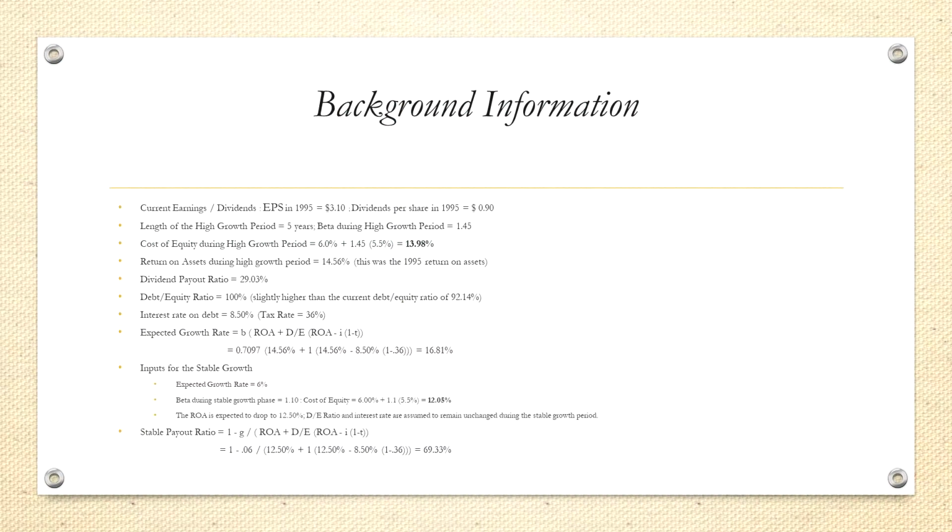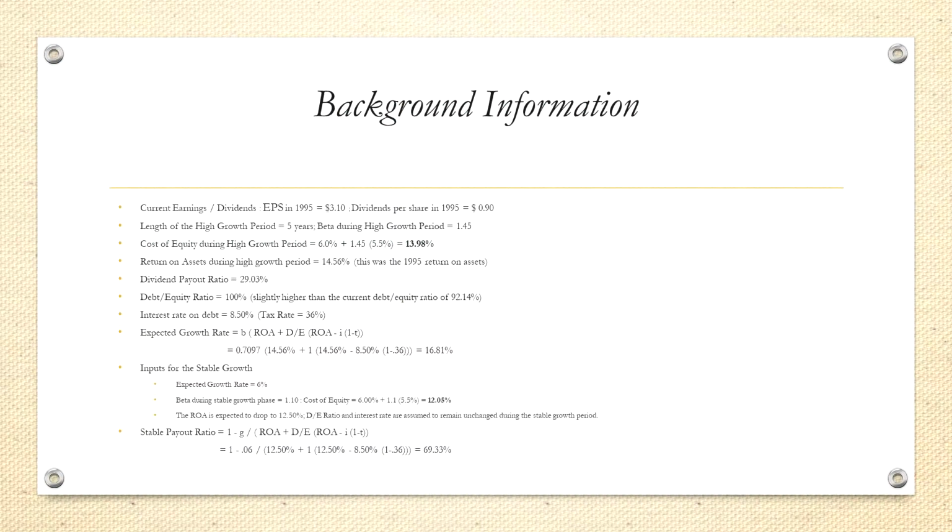Times ROE, and this ROE equals ROA plus debt to equity ratio times ROA minus interest rate times 1 minus T. So that is converting from ROA to ROE. If you have an ROE number, feel free to use ROE. But anyway, we are getting the expected growth rate during the high growth time period, which equals 16.8%. This is a pretty tremendous number, right?